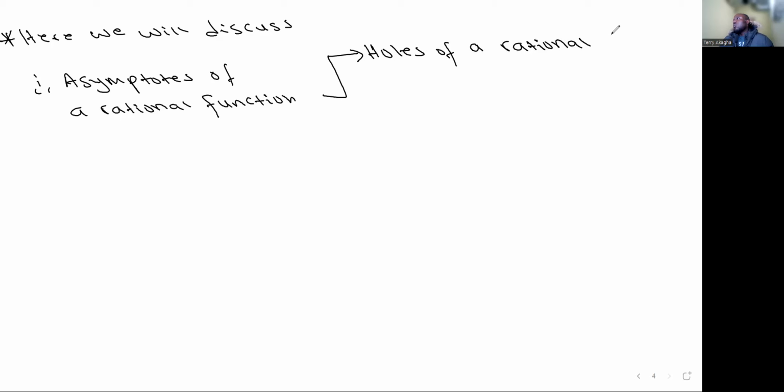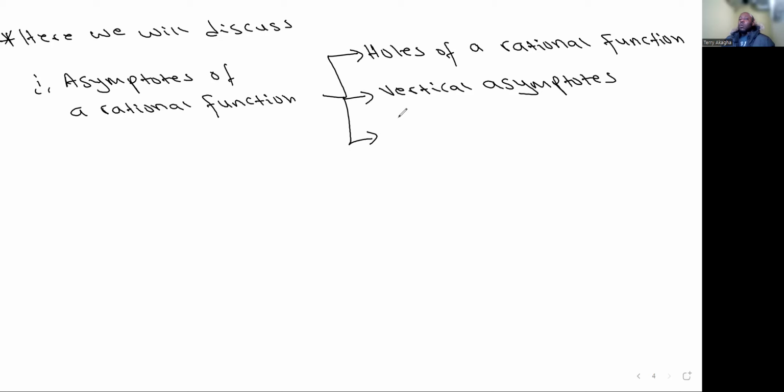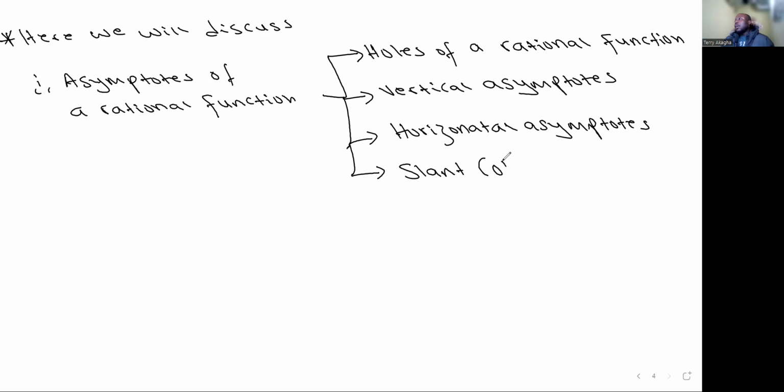After we talk about the holes, we're going to talk about the vertical asymptotes. Then we're going to talk about how you find horizontal asymptotes. After horizontal asymptotes, I'm going to discuss how you find the slant or oblique asymptotes.